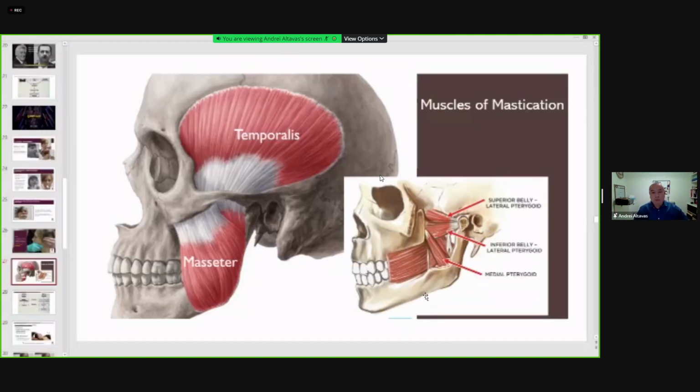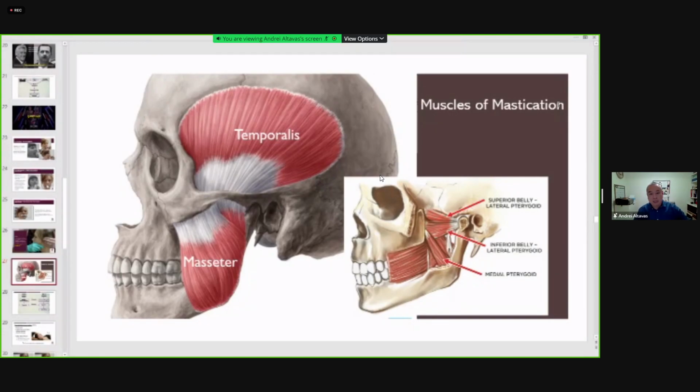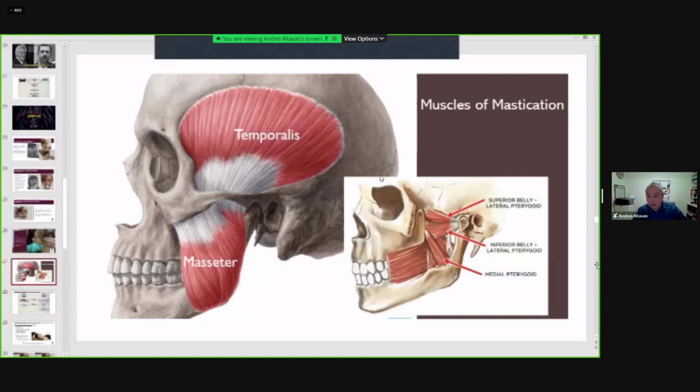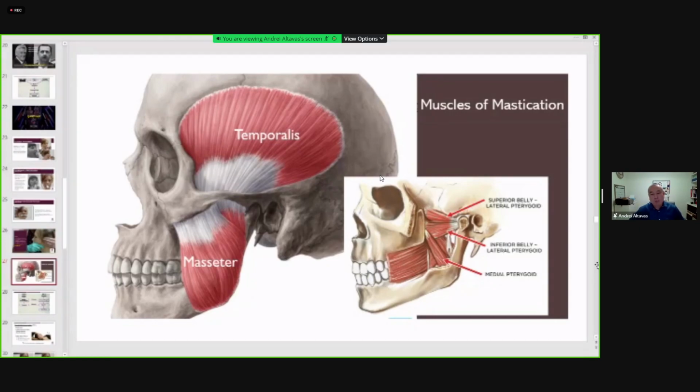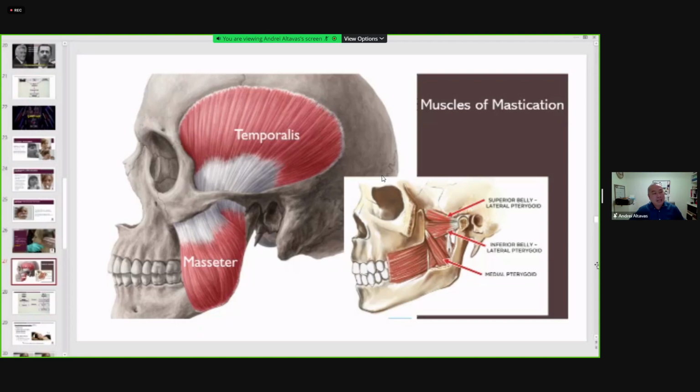All right, a little review on the muscles of mastication. We have four muscles of mastication: the temporalis, the masseters, and the medial pterygoid and lateral pterygoid muscles. Part of the assessment for a muscle, aside from testing strength, and keep in mind I normally don't test how strong you can bite, unless they have some kind of systemic issue.